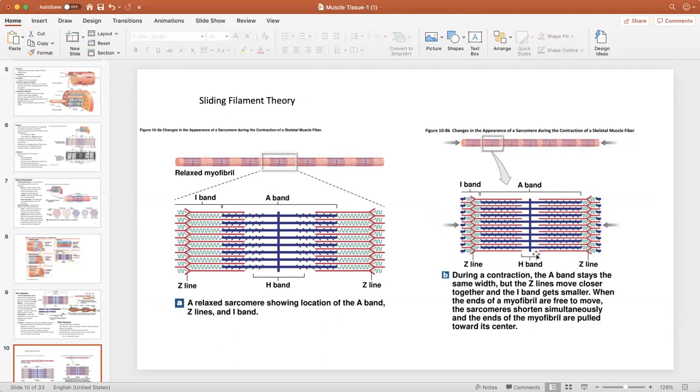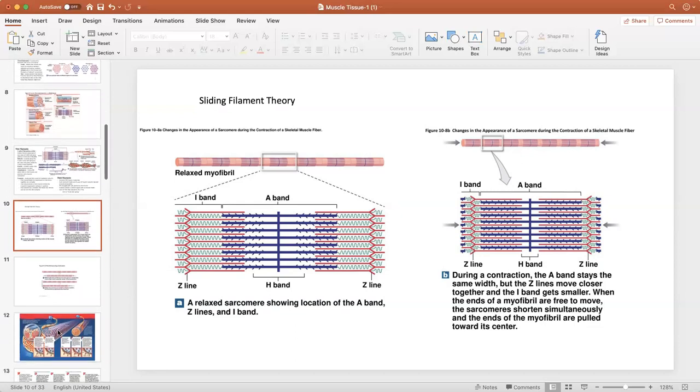And then the H band, where there are just thick filaments, gets shorter as we pull the thin filaments together. And as we pull the thin filaments together, the area where there are only thin filaments, this I band, gets smaller as well around the Z line. So that's the sliding filament theory for muscle contraction.